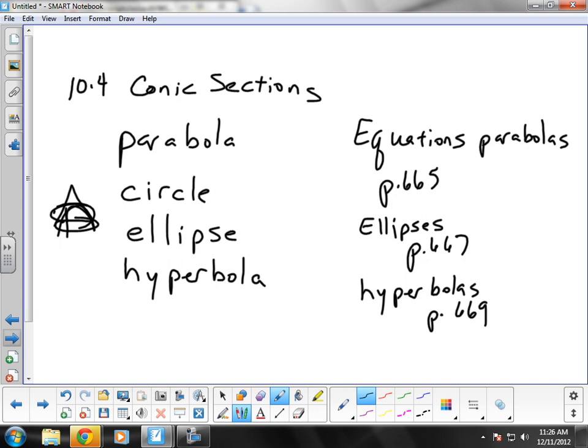And then circles, we've already talked about equations of circles, so they don't necessarily do them here. But I can give it to you if you want the equation for circles. They're always (x minus h) squared plus (y minus k) squared is equal to r squared.